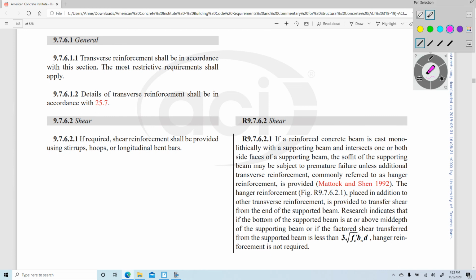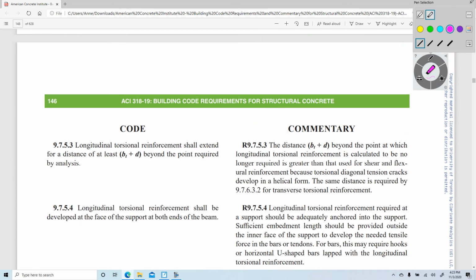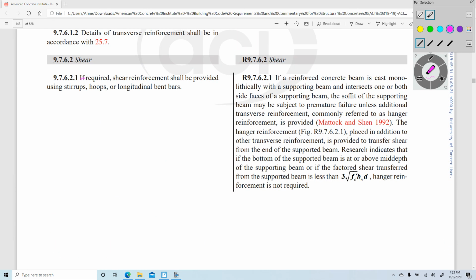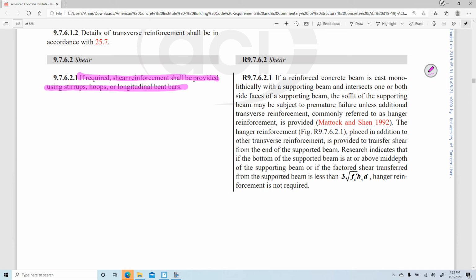I'm on page 146. If required, shear reinforcement shall be provided. We figured out whether it was required with the Av min or if we need supplemental strength.